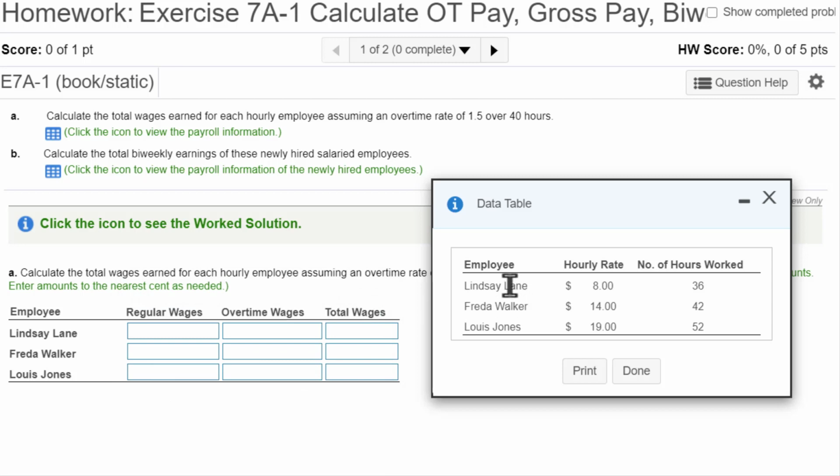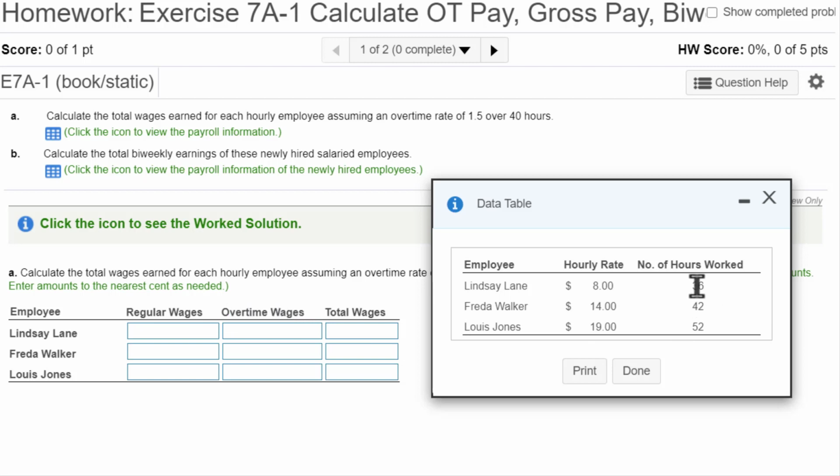So this first employee, Lindsay Lane, gets paid $8 an hour and worked 36 hours. So how are we going to calculate her regular wages? Regular wages means the wages for 40 hours and under. Anything over 40 hours would be considered overtime wages.